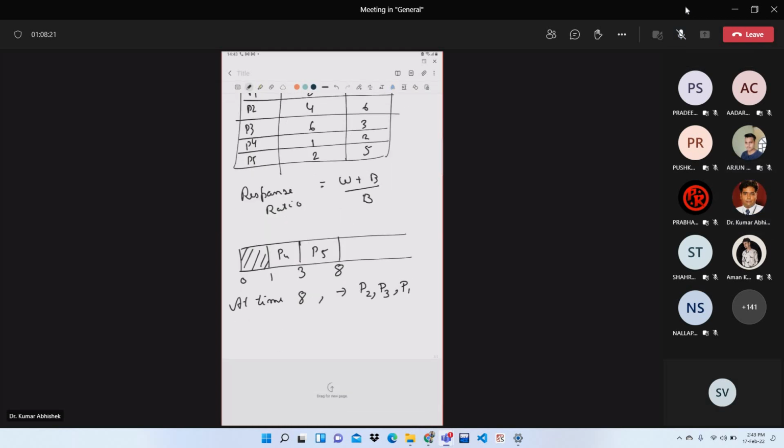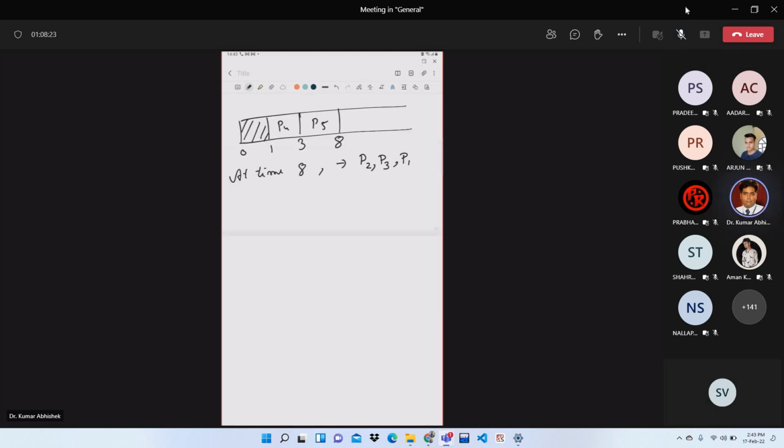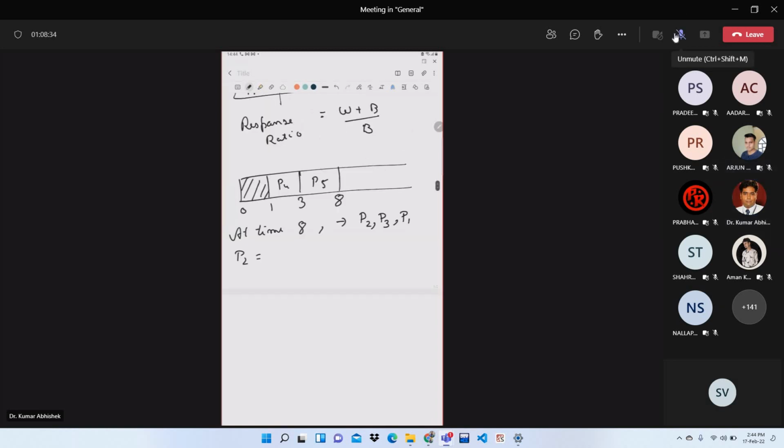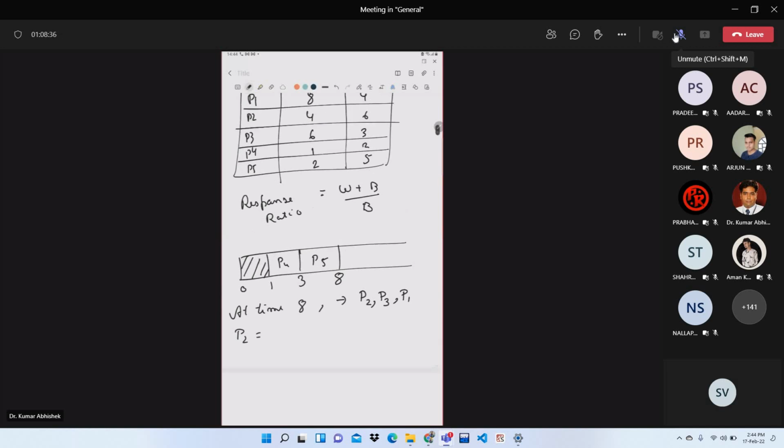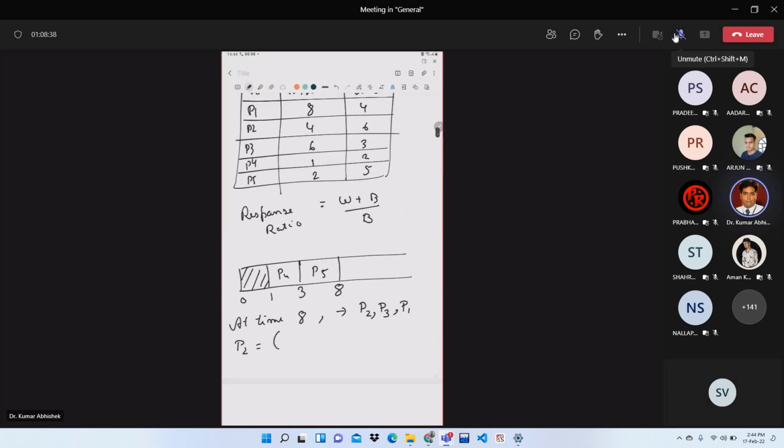So we need to calculate the response ratios. Response ratio of P2: 8 minus 4 plus 6 by 6.